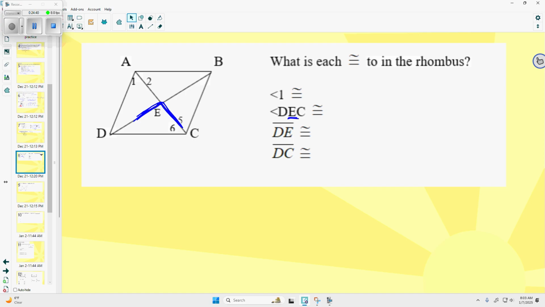So 3 angles to go with angle 1, 3 angles to go with angle DEC, and 3 segments to go with segment DC.